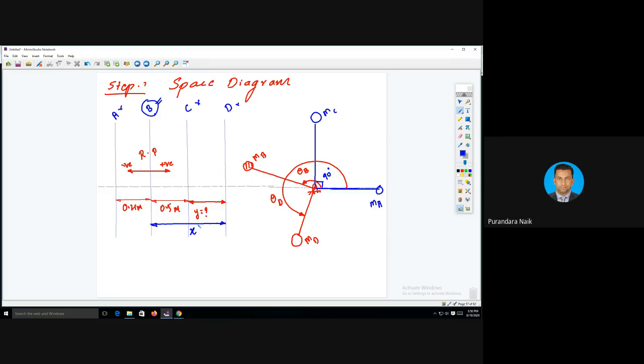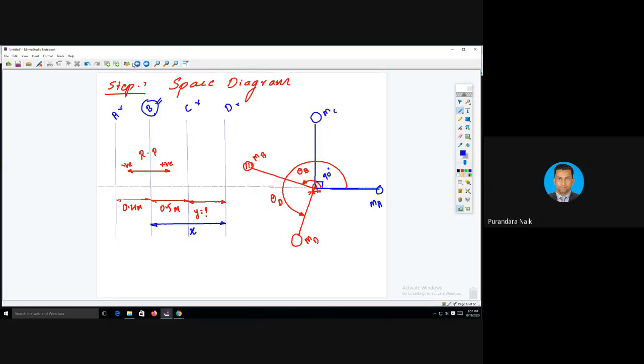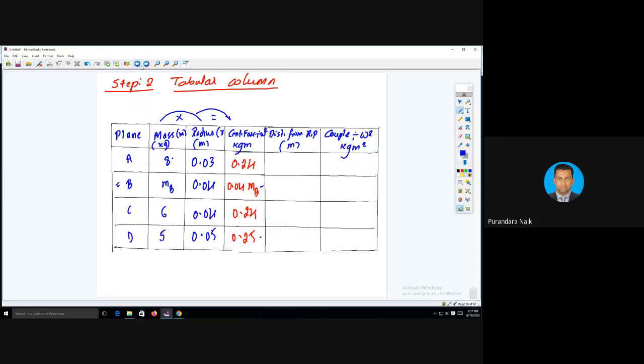After this, we'll go for the distance from the reference plane. The reference plane is B here. B to A, the distance between plane A and B is 0.4.